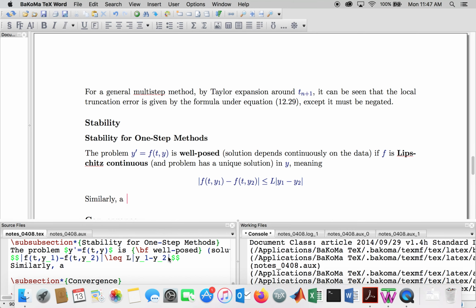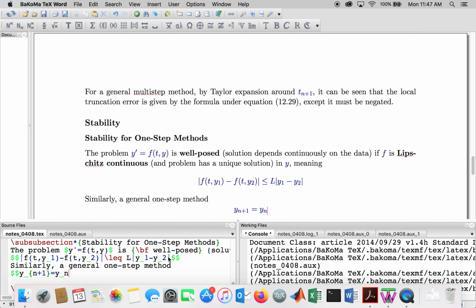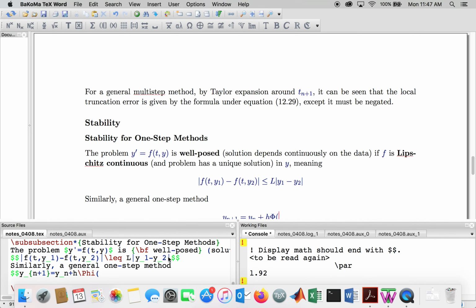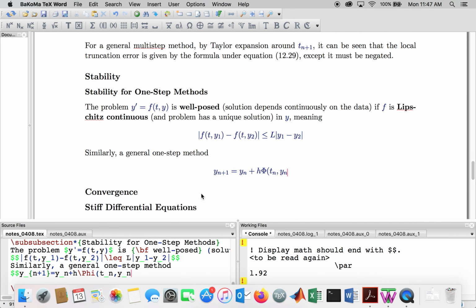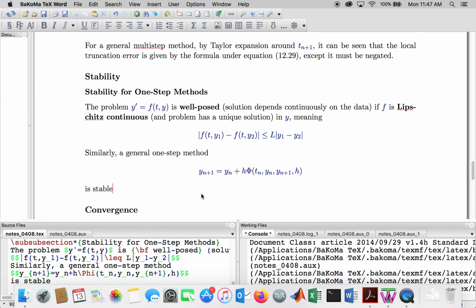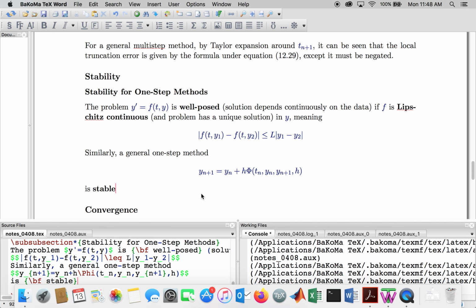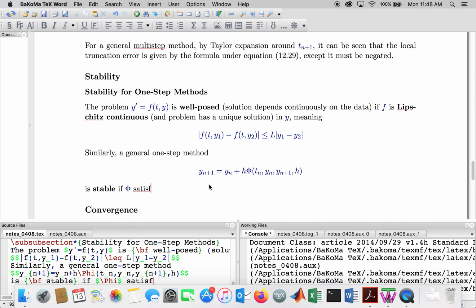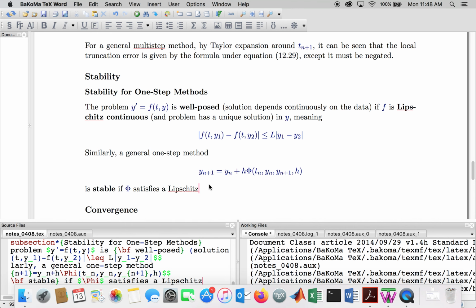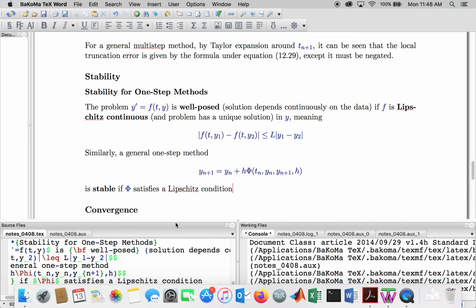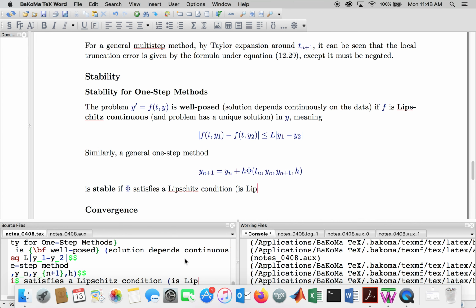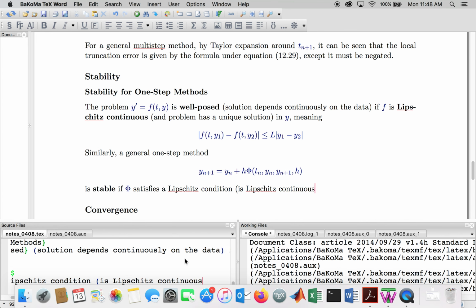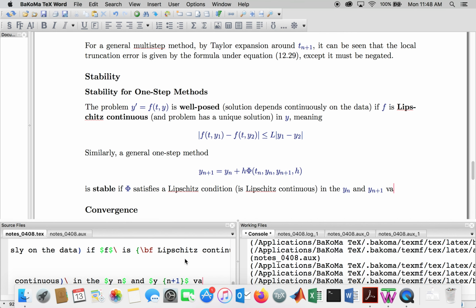Similarly, a general one-step method of the form y n plus 1 equals y n plus h times some function phi of t n, y n, and y n plus 1 if the case is implicit, and h, is stable if the function phi satisfies a Lipschitz condition, so it's Lipschitz continuous in the y n and y n plus 1 variables.